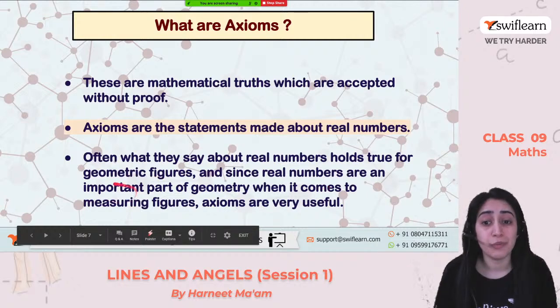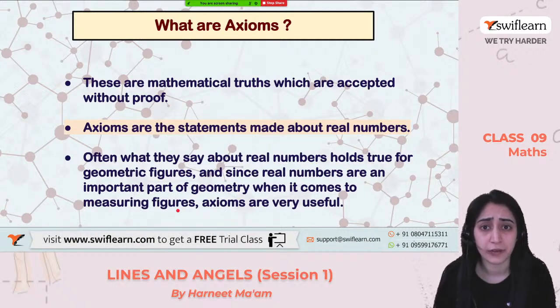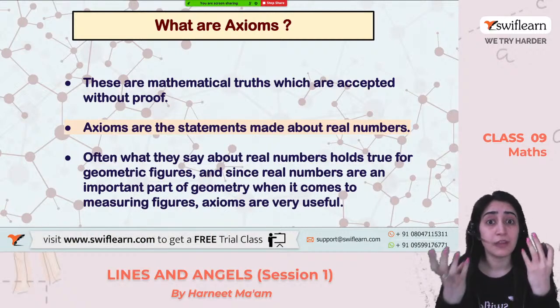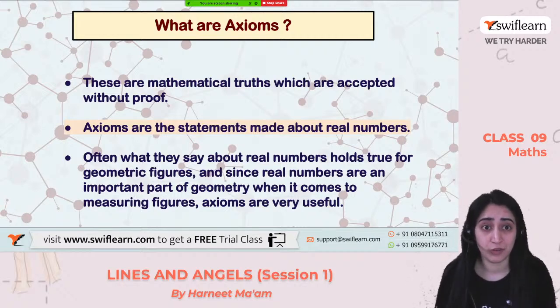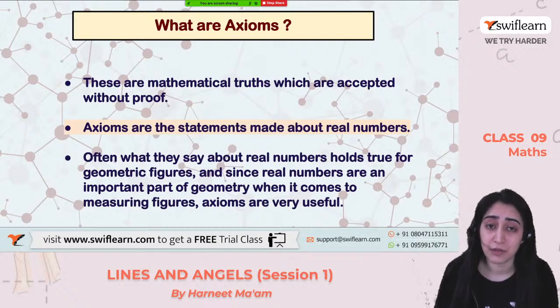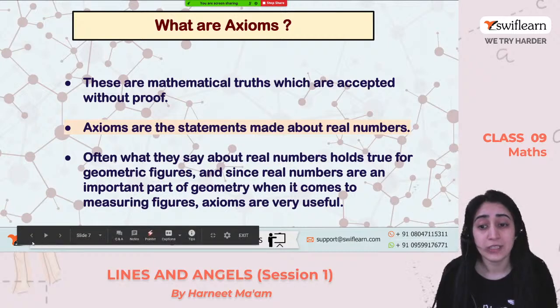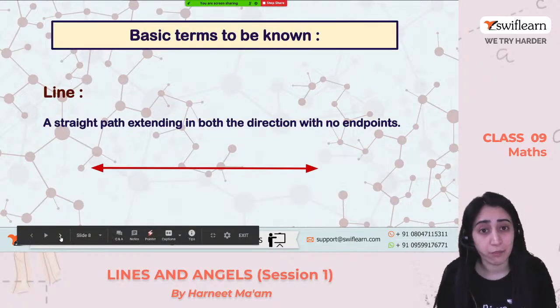When it comes to measuring figures, it is very important. If I tell you to measure the length and breadth of a figure, you will give me a real number, right? So all the logic in real numbers is applicable to geometrical things also. That is why this is very important.